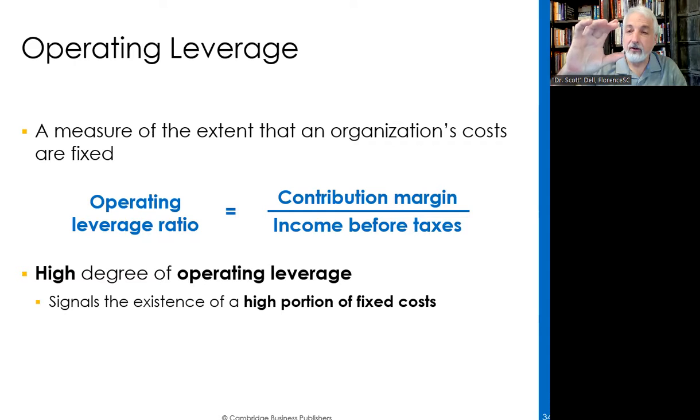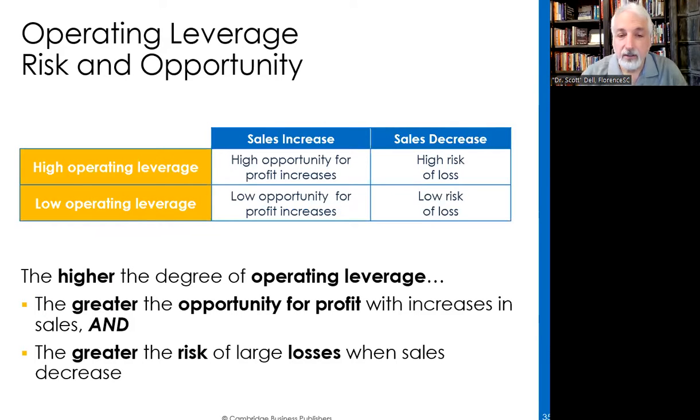If we have lower variable costs, we have a higher contribution margin. A high degree of operating leverage indicates a high portion of fixed costs. So if we have high operating leverage and we increase sales, we have a whole bunch of profit per unit that we can make.